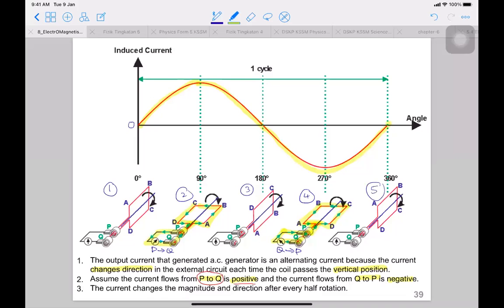Any problem with this one? Boleh-boleh lah. Hopefully, not so many questions asked about this one during exams. But still, you have to know how to get this type of graph. Mesti tahu lah.